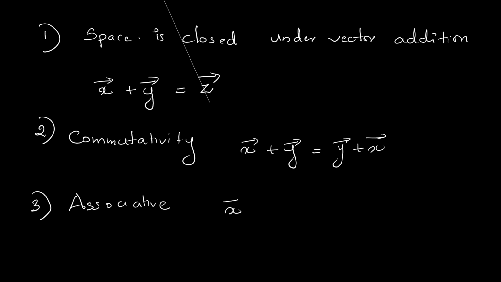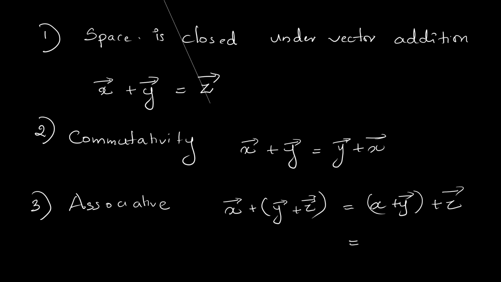Let x, y and z be three elements in the linear vector space. If we add y and z together, then add x, it would be equal to x plus y, plus z.